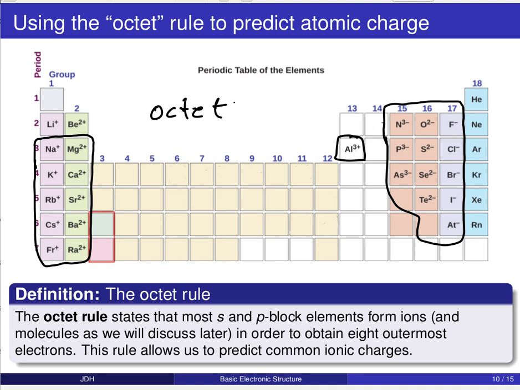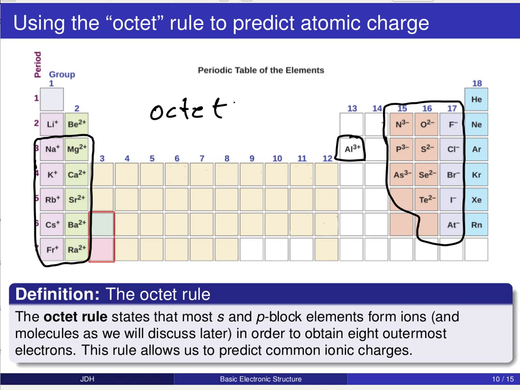In other words, there will be a total of 8 electrons in the outermost shell, and the 8 electrons correspond to the filling up of both the s and p orbitals, holding 2 and 6 electrons respectively. Now, the octet rule does not hold for these lighter elements like lithium, beryllium, and hydrogen.